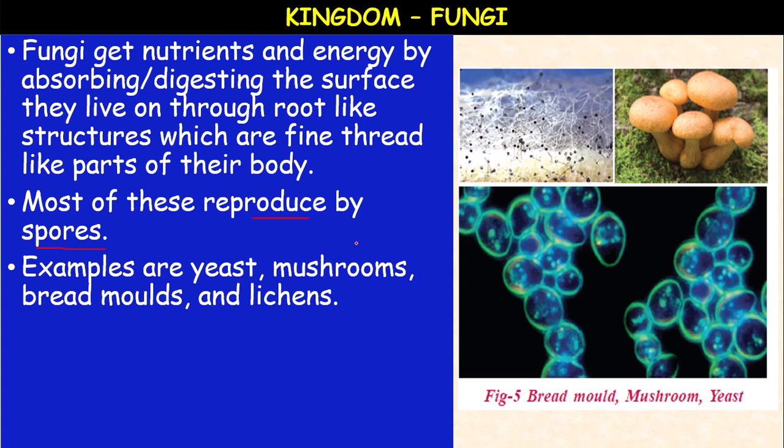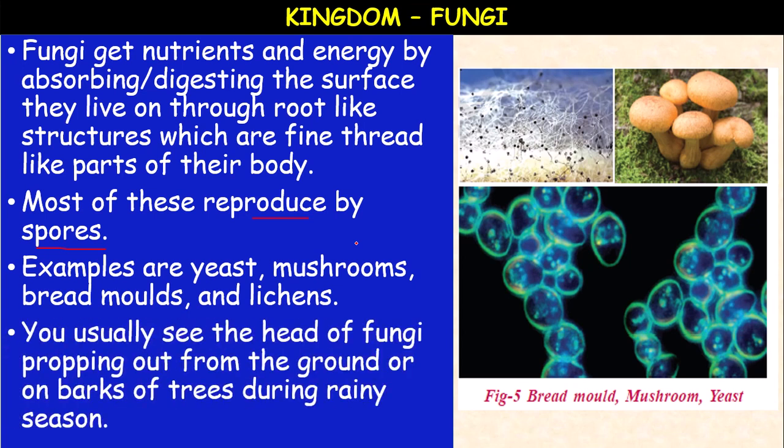They are the fungi which cause diseases in plants. Okay, ringworm is the fungus which causes disease in animals. Okay, so you usually see the head of the fungi popping out from the ground or on the barks of the trees. During rainy season and winter season you will find these fungi.